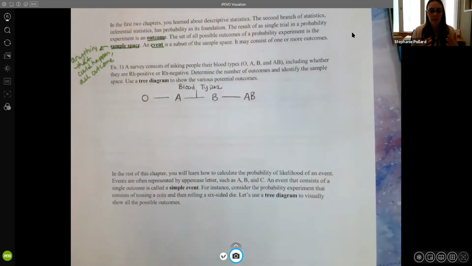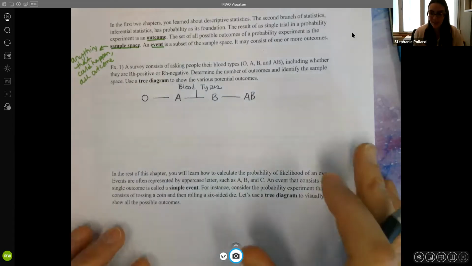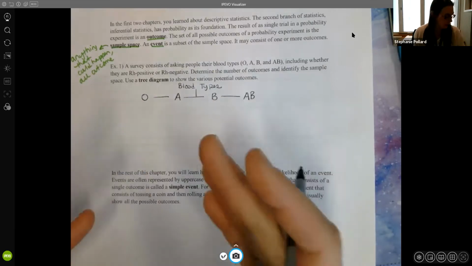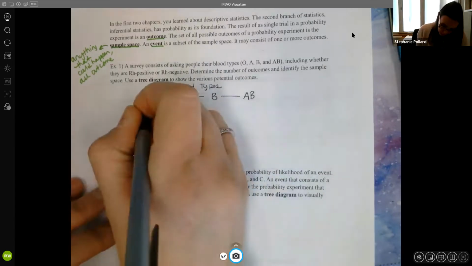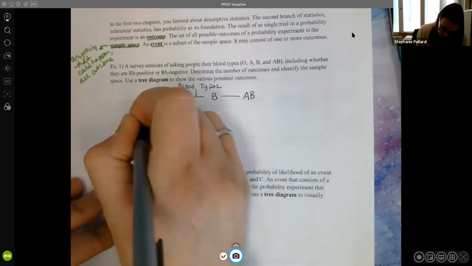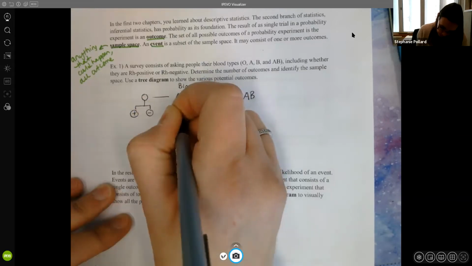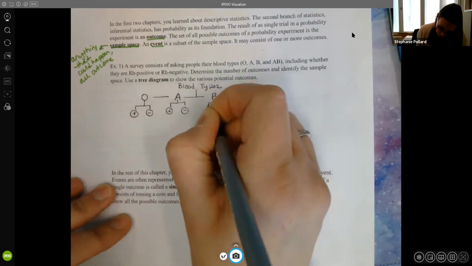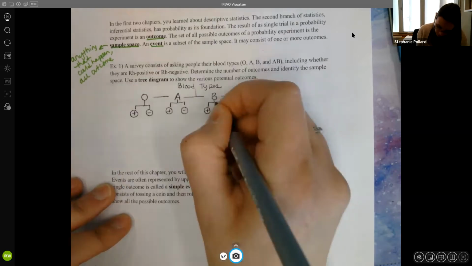So either you're O, I think I said 0. You're O, A, B, or AB. Sorry if I said 0. I'm so used to just thinking math. And then under that, you could either be positive or negative. So you could either be positive or you could be negative, right? You could be positive or you could be negative, meaning Rh positive or Rh negative.